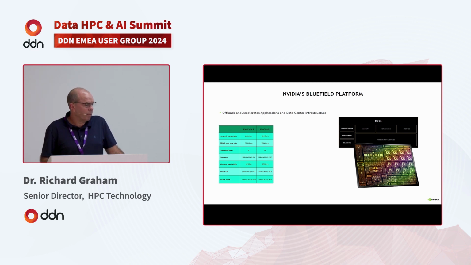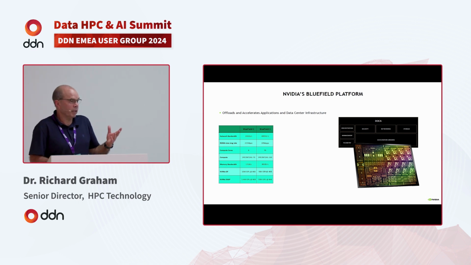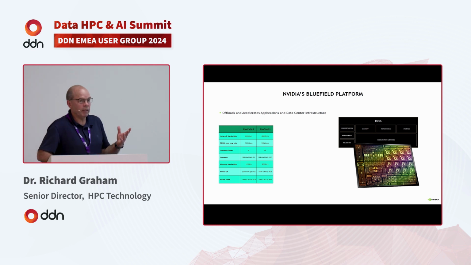So from a performance perspective, on the left of the picture here, I have a comparison of the capabilities of BlueField 2 and BlueField 3. So if anyone in the room has used BlueField, they most likely use BlueField 2. And BlueField 2 to BlueField 3 is a big change in terms of what you can do with it and how useful it can be for production workloads.